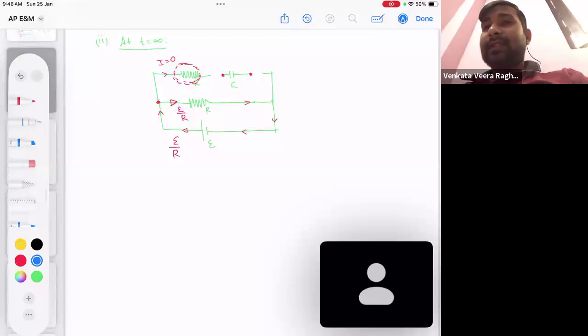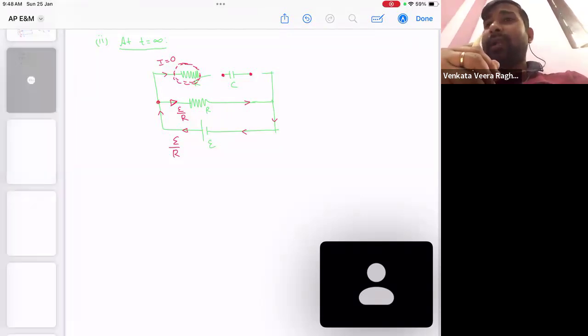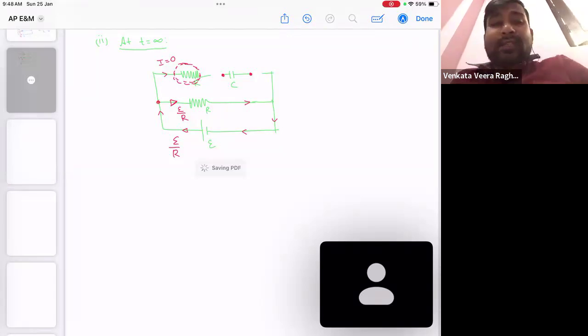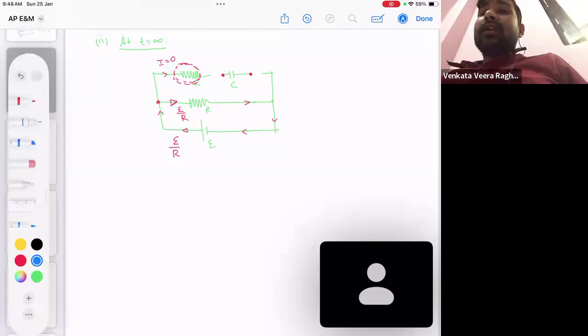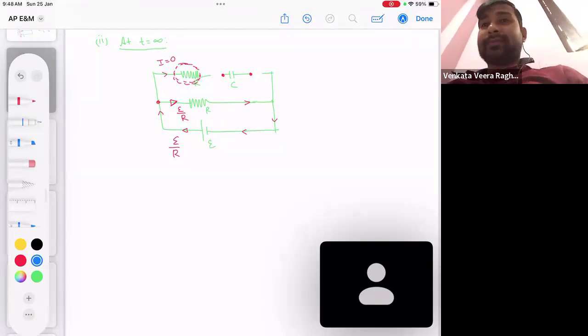Okay, let's do one thing. Although we have shown it like the capacitor got opened, does the circuit actually get broken? No, actually the circuit doesn't get broken. But what happened in the question is that when t equal to infinity is reached, there is no potential difference across the resistor.